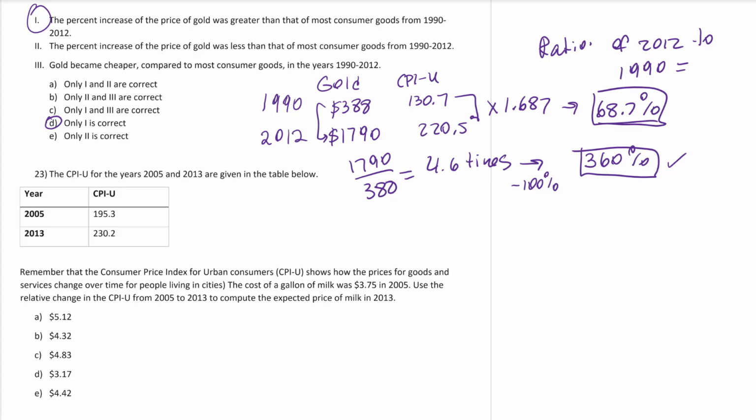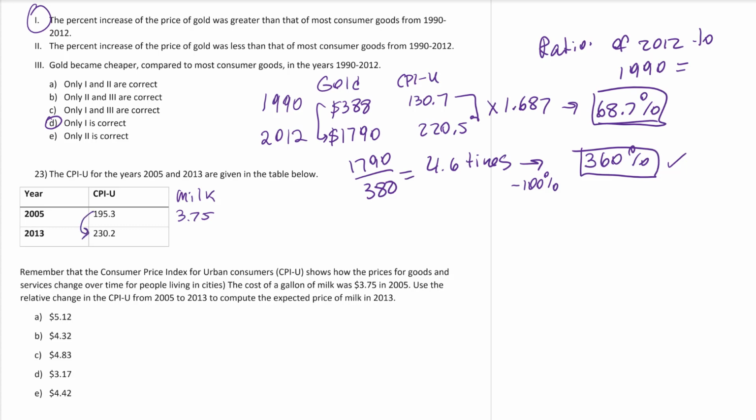Question 23, the CPIU again for the year 2005 and 2013 is given. The cost of a gallon of milk was $3.75 in the year 2005. Use the relative change in the CPIU to compute the expected price of milk. Again, you can do a relative change.